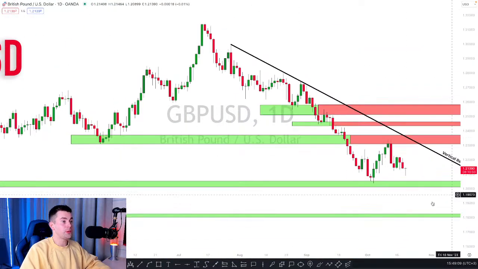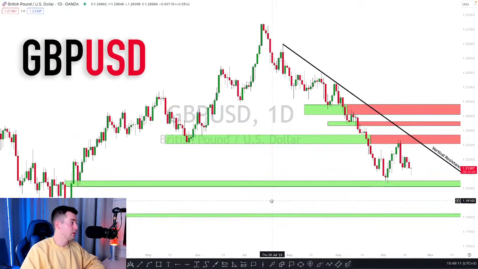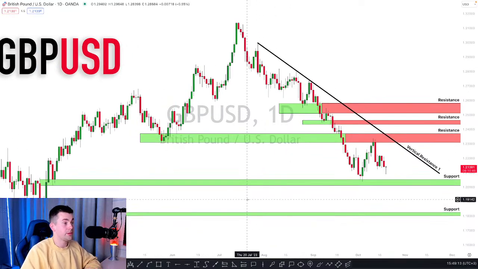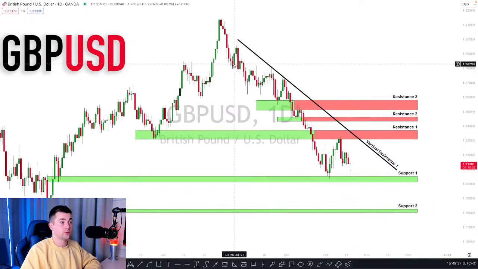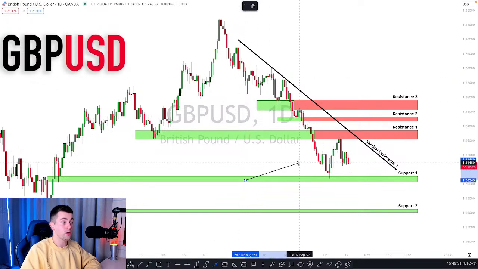On pound dollar pair, again, the situation is quite tricky, and here are the key levels that I see on pound dollar so far, traders. That is the daily time frame, and these are the main structures that I see at the moment. An important thing to note here is that definitely we are bearish.